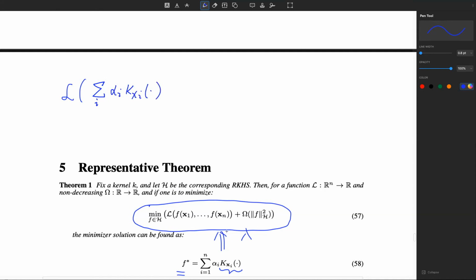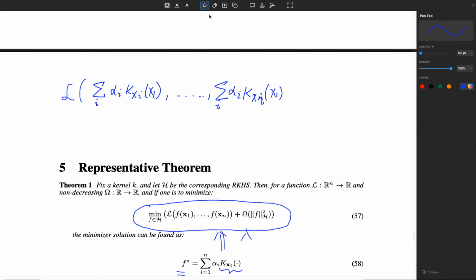And because I actually know this is going to be x1, I'm going to substitute x1 in here. And then the last one: substituting this definition into the last one, I'm going to have the sum over i of alpha i k x i evaluated at x n.